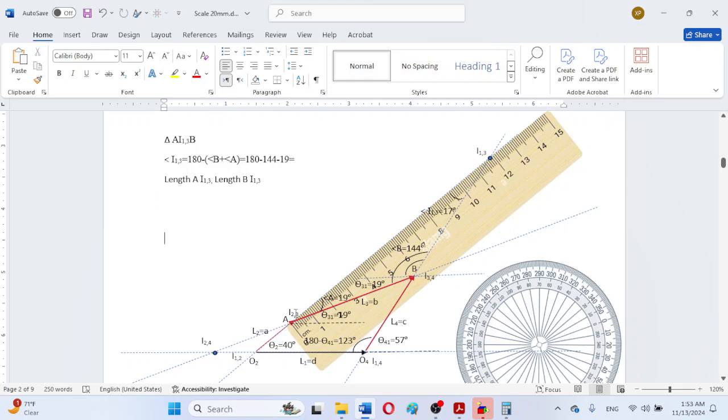Here, as we can observe particularly from this, it is 11 centimeter, 11.5, 11.6, 11.7, 11.8 or 11.9. So 11.9 centimeter according to this scale.